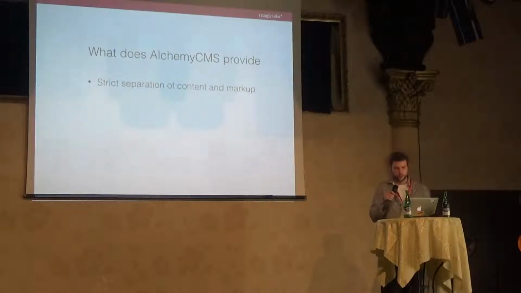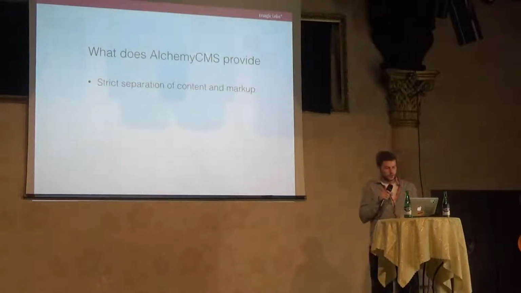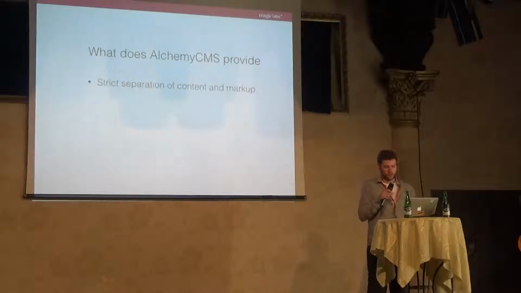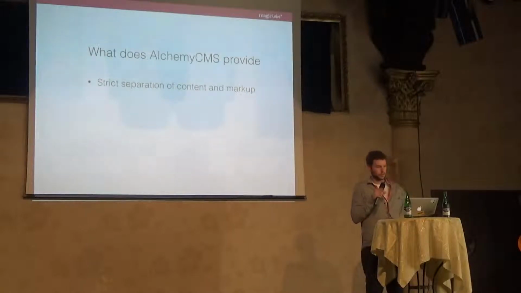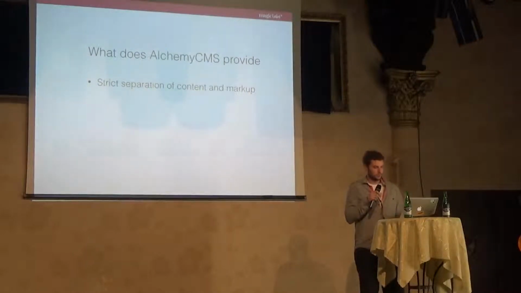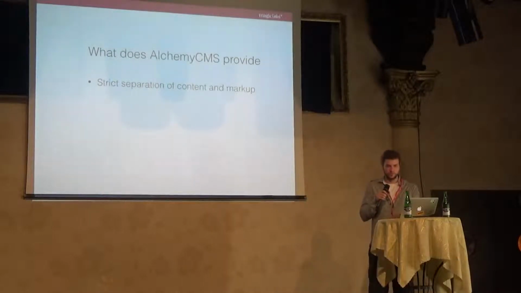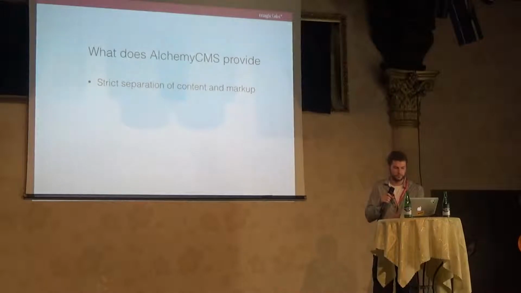Separation means flexibility and freedom. Flexibility because you're not bound to any rendering endpoint. The output can be HTML or XML or JSON, or maybe PDF. So this is quite open for the developer, or for whatever the requirement is.